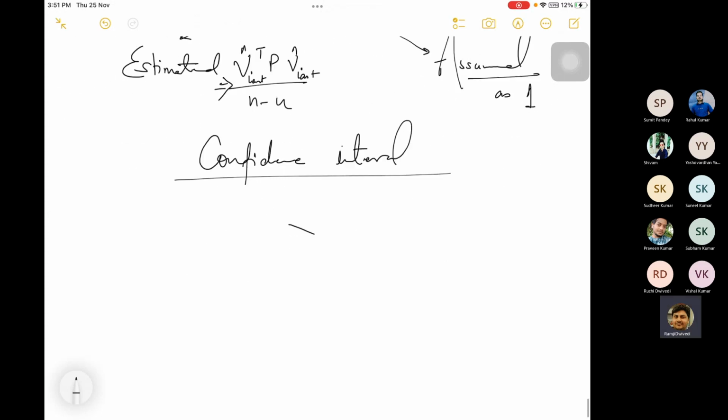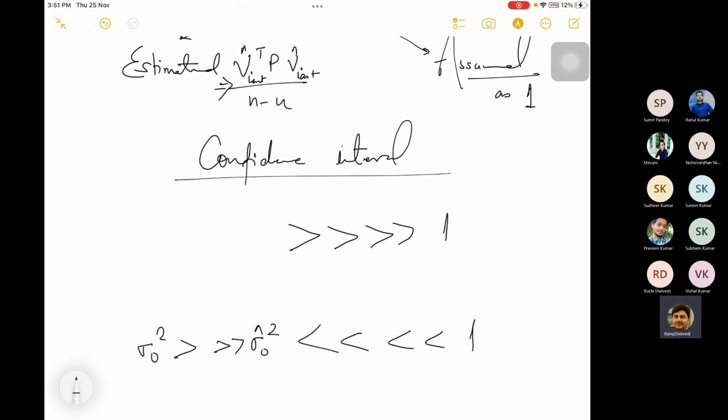Okay. And what if this ratio is very large than 1? What if this ratio is very less than 1? So the ratio is too small than unity. That means it indicates, when it is too small, please remember, too small than unity, इसका मतलब आपने सिग्मा नॉट स्क्वायर को ज्यादा चूज किया है सिग्मा नॉट हेट स्क्वायर से.